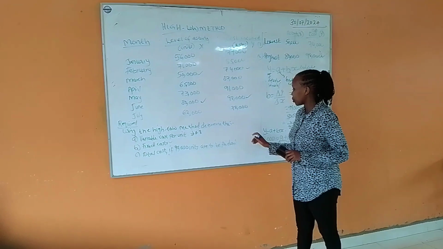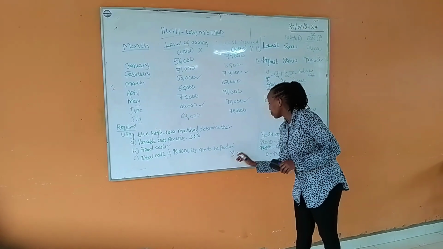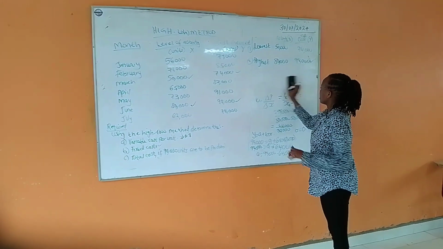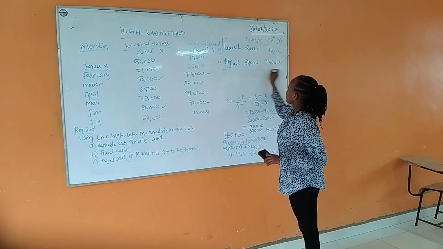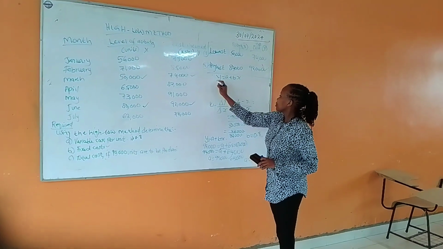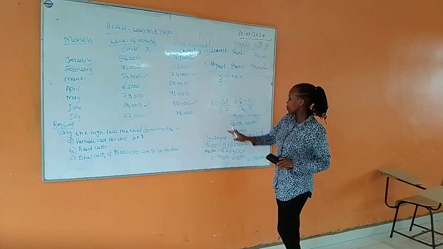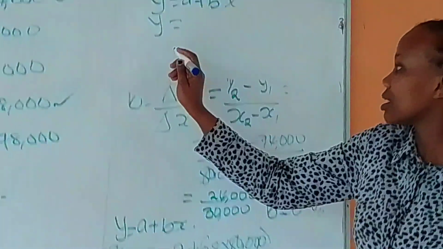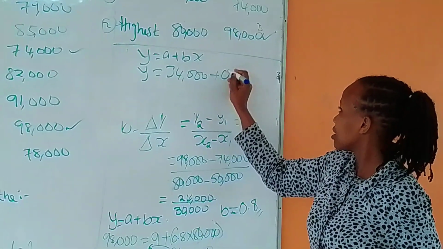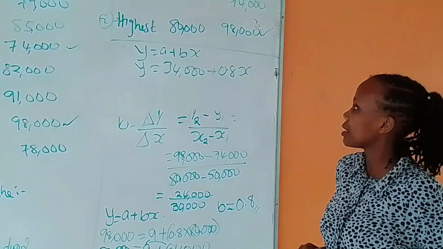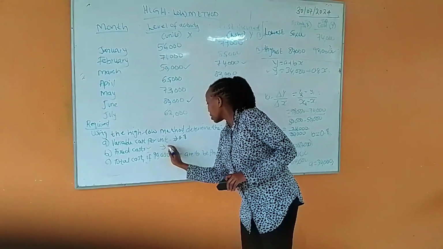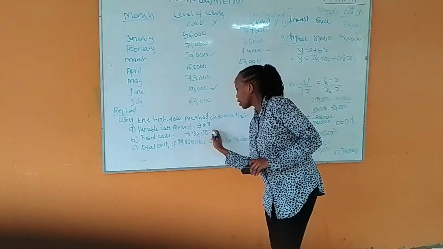So our equation is y is equal to a plus bx, that is, y is equal to 34,000 plus 0.8x. That's our equation. So for the fixed cost, we have gotten 34,000.